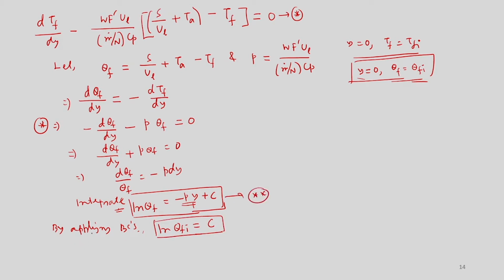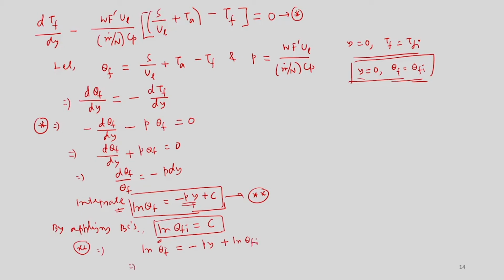So now using this in the double star equation, ln of theta f is equal to minus p into y plus ln of theta f i.